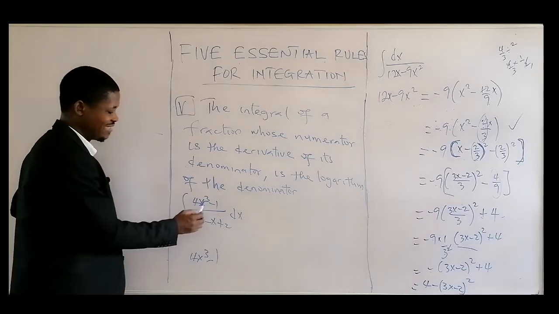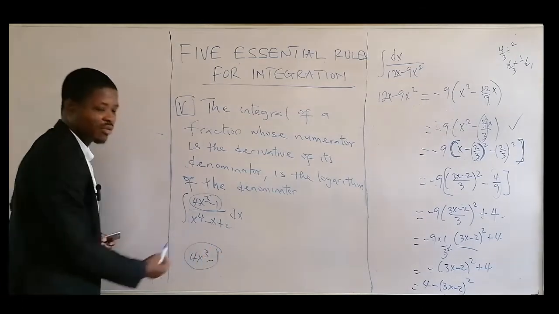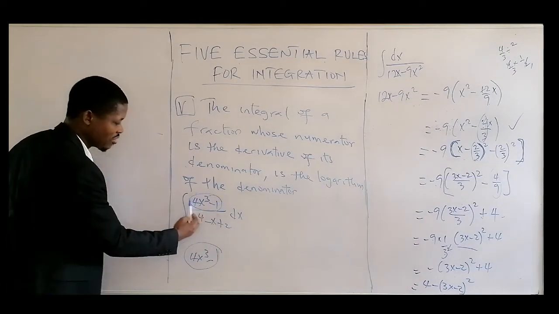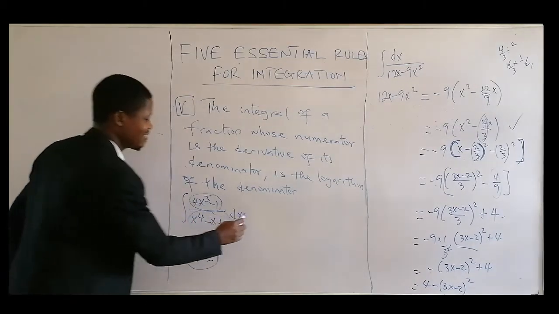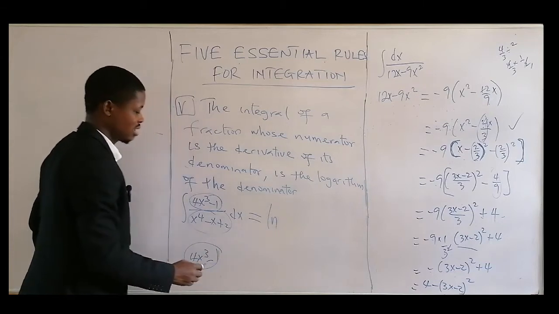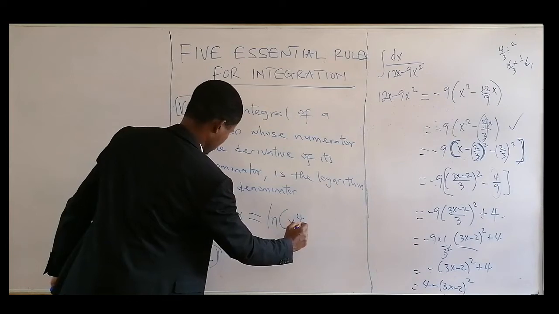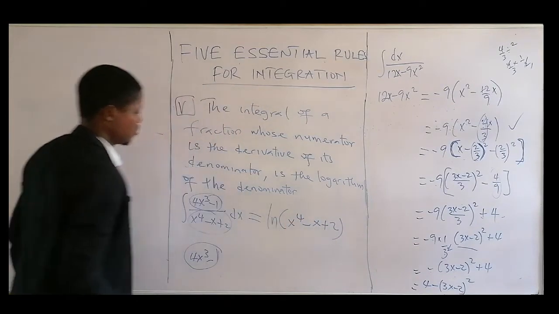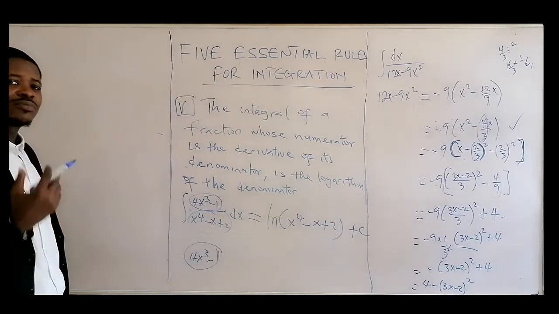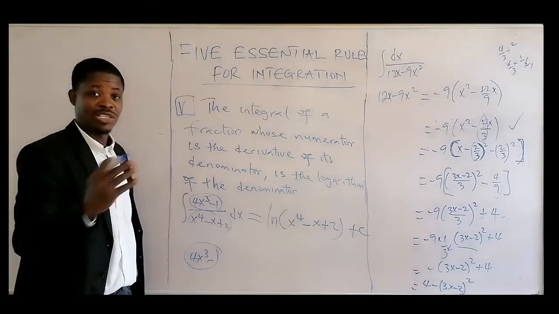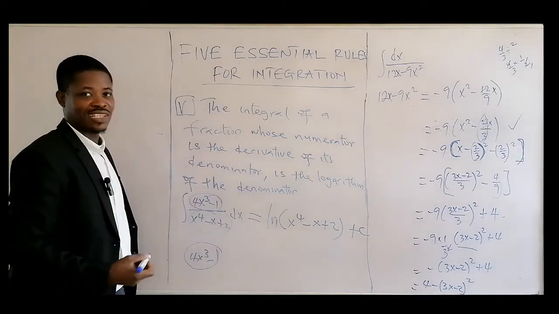You should realize that the numerator is equal to the derivative of the denominator. So in that case, it's going to be ln, or log, of the denominator. So that will be equal to ln of x to the power 4 minus x plus 2, plus c. But sometimes it's not always direct. You have to do some adjustments to make it equal. We'll look at those questions later.